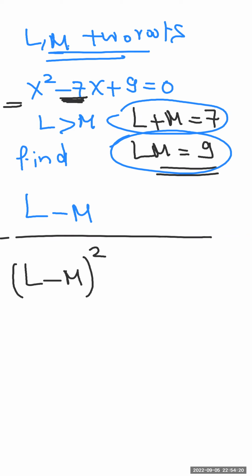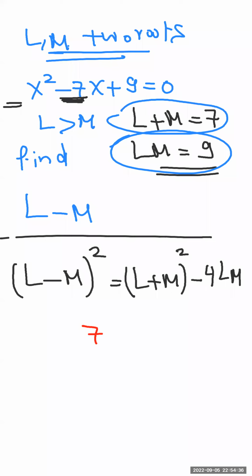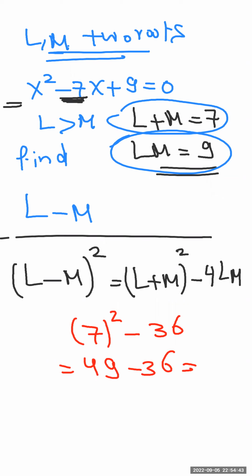So L minus M all to the power 2 equals, from the given rules before, (L plus M) all to the power 2 minus 4LM. Now L plus M to the power 2, 7 power 2, minus 4LM, 36. So 49 minus 36 equals 13, correct? So L minus M equals positive or negative square root of 13.